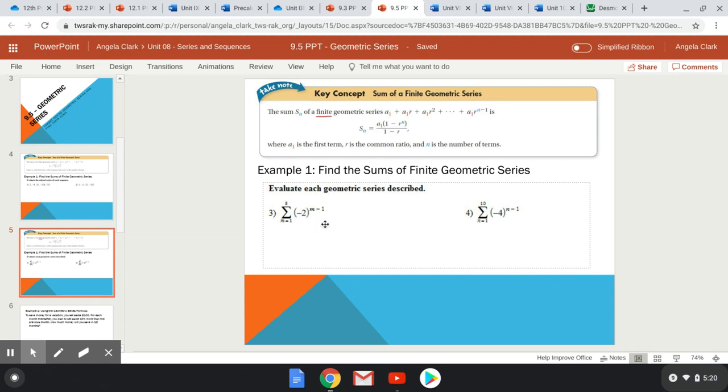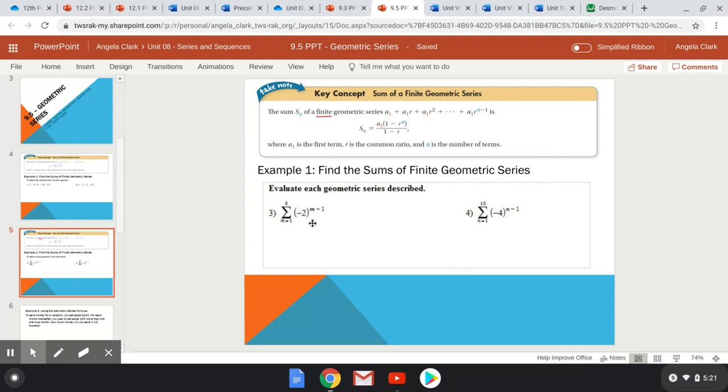And this would be a finite geometric series with the first term of 1, because remember that the formula was first term times r to the n minus 1. So the first term would go here.